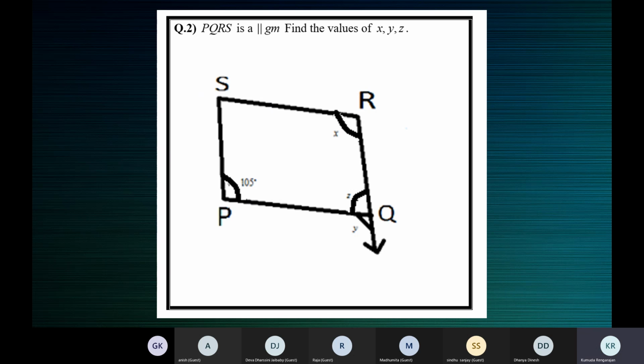All right. So here you can say alternate interior angles are equal. Can you see the Z here? Alternate angles lie on either side of the transversal, meaning on the opposite sides of the transversal. You can find a pair of alternate angles on either side of the transversal. They will not lie on the same side.